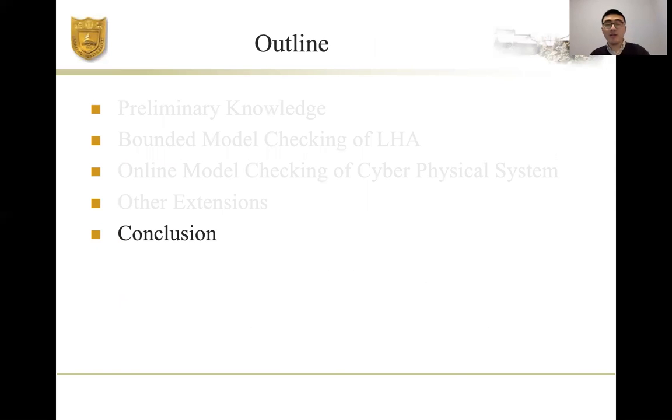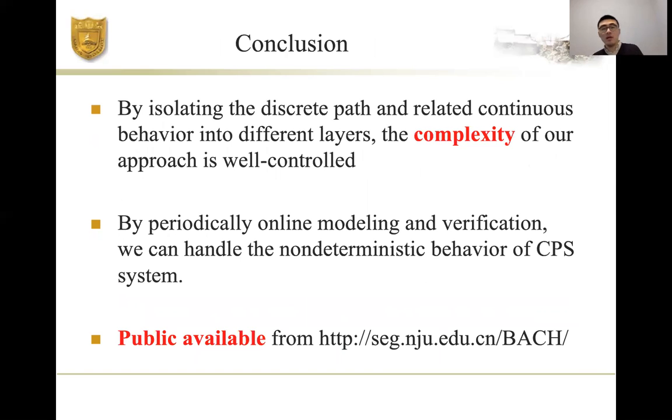Yeah, now finally to our conclusion. By isolating the discrete paths and related continuous behavior into different layers, the complexity of our approach is well controlled. That's about our verification of hybrid automata, our unique path-oriented verification.